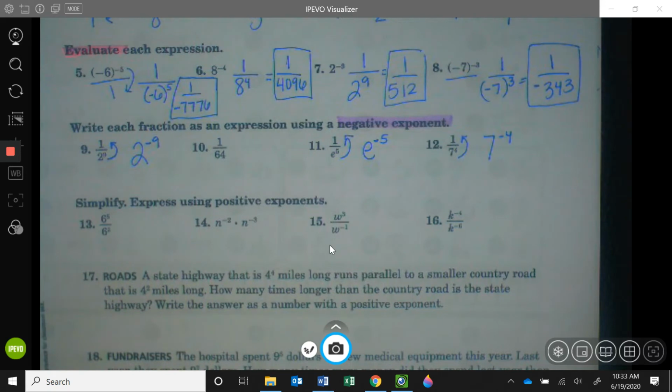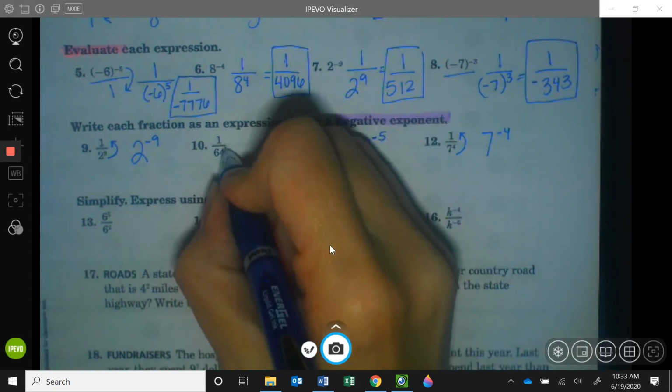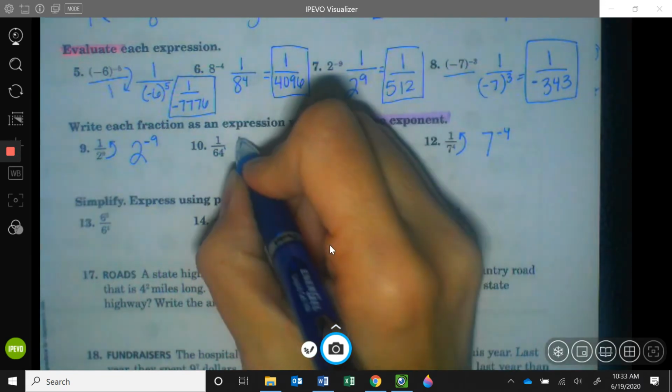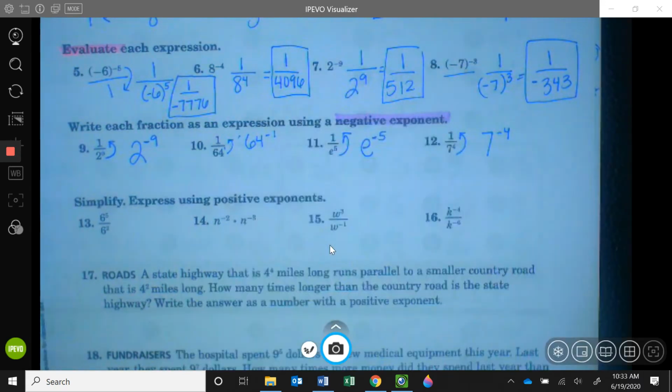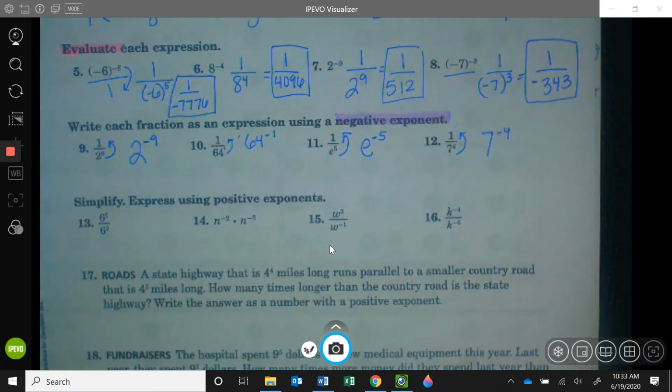Now, let's look at 1 over 64. So we could say that that is to the first power. And so we could change this if we move it to 64 to the negative first. But we could also change 64 to be something that has an exponent.